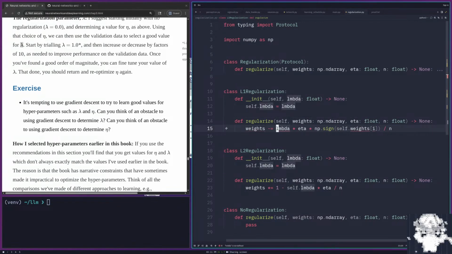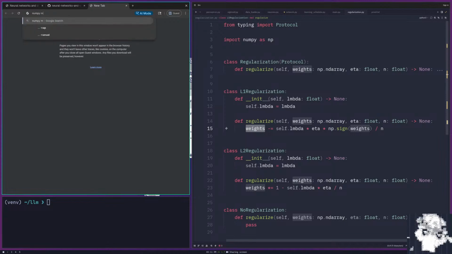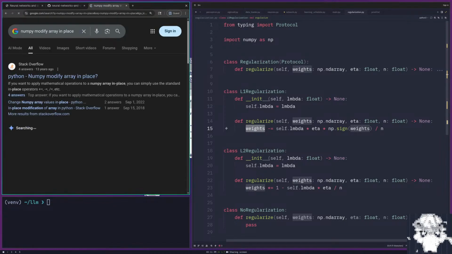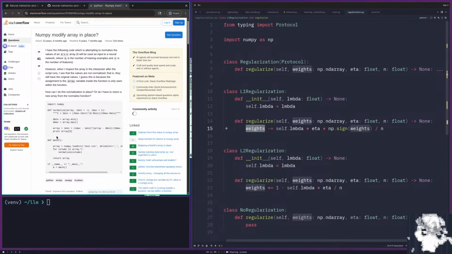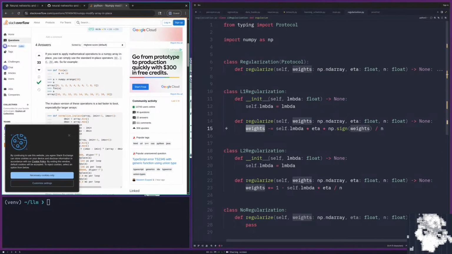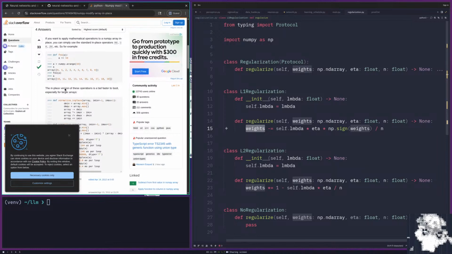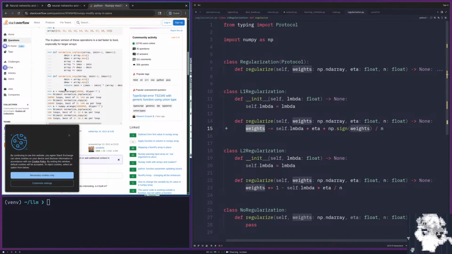Now I need to figure out if arrays are passed by reference or by value. I'm guessing this will work. I think this modifies it in place. NumPy modify array in place. We can test it actually.